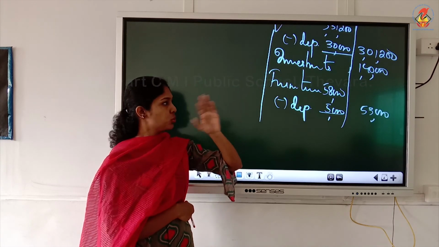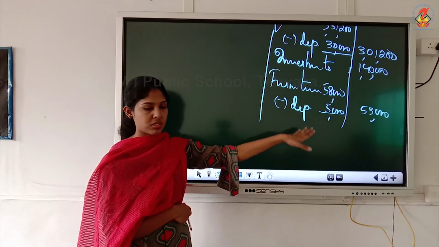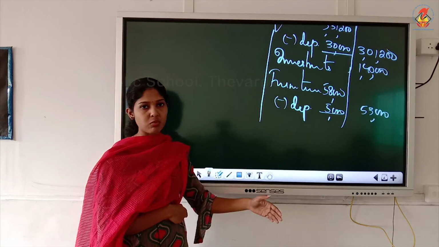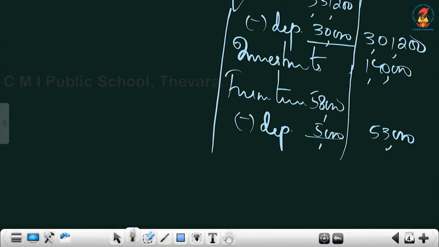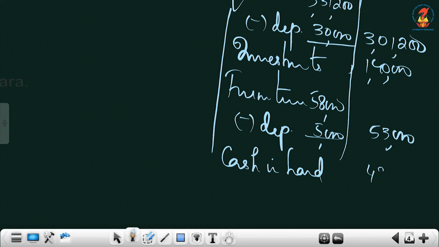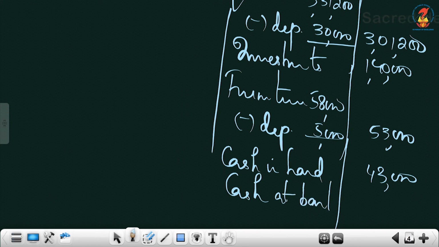It's better you leave that, you just write the items in the order given, so that you will not miss out any item. So, we will write the closing cash in hand and cash at bank. If you can write in the order of permanence or order of liquidity, that is better, but or else just move in the order. Make sure you have written all items, though you don't follow the order.